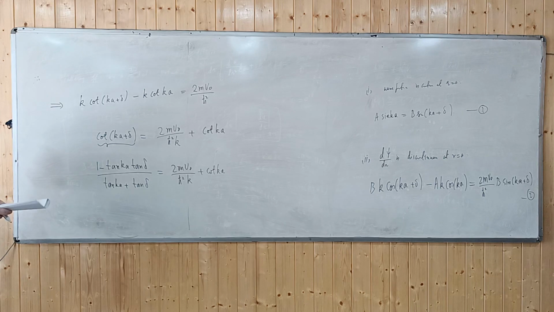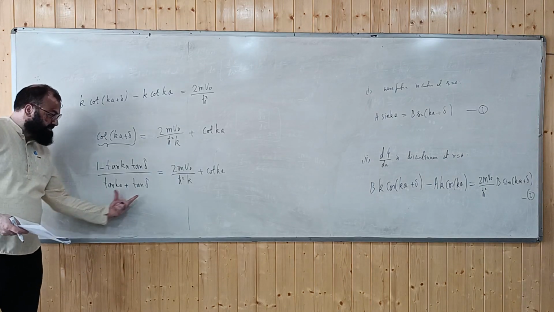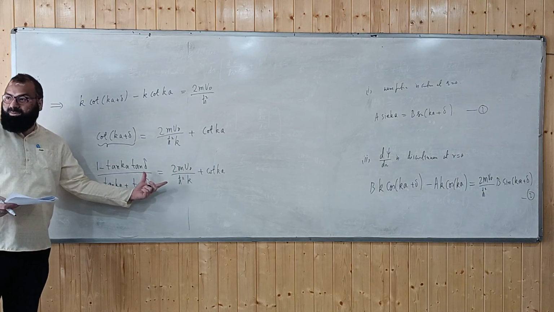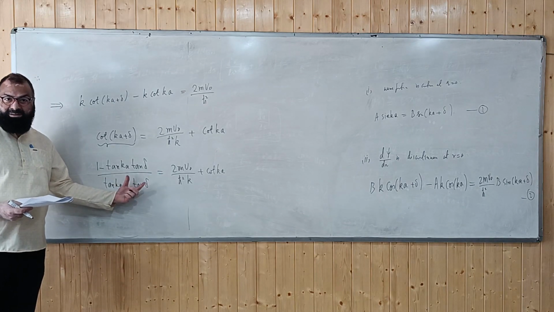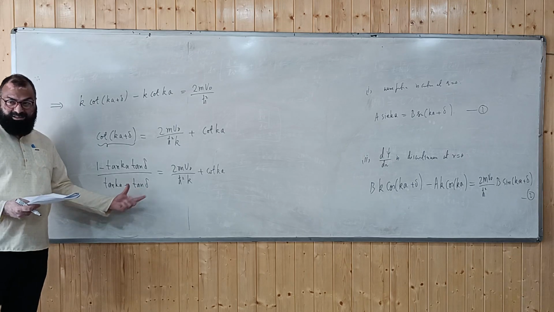Okay. So now you take this object on the other hand side, just cross multiply, then rearrange the terms with tan of delta, because I am interested in the delta term. Clear?